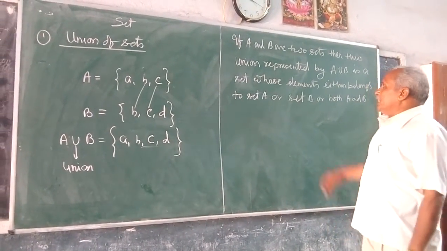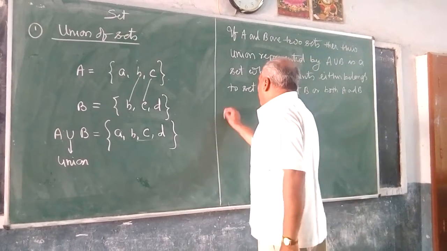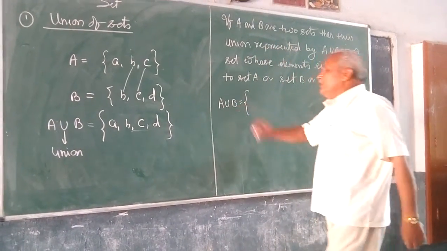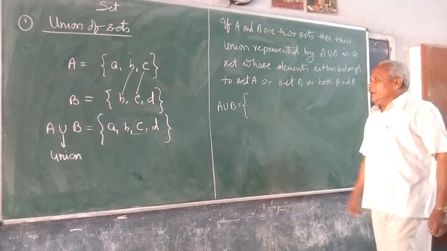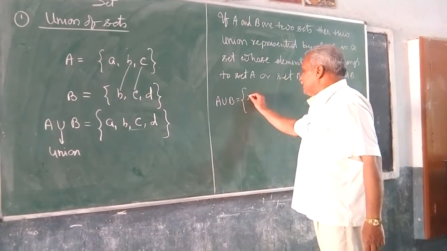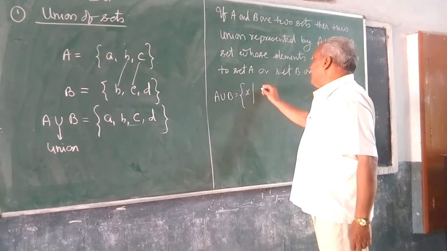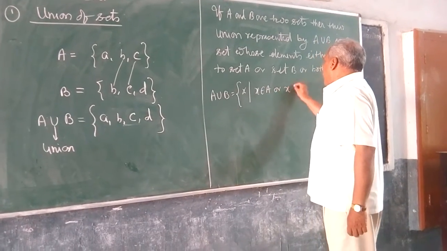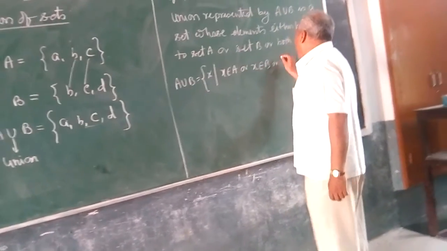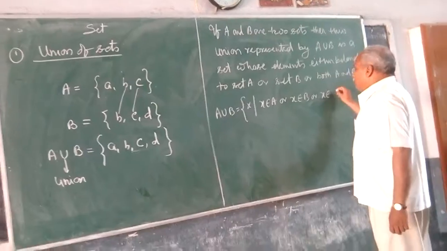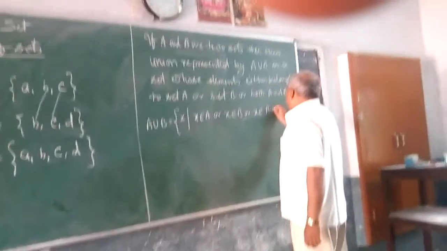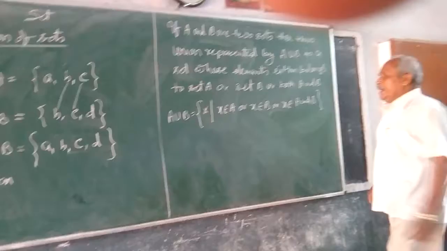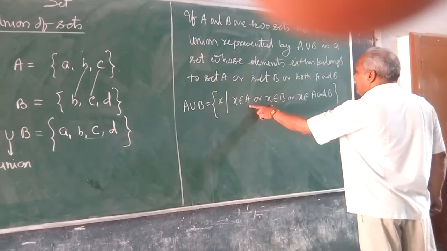If we write it in set builder form, it will be written as A union B is a set whose element is x such that x belongs to A or x belongs to B or x belongs to both A and B. Okay, A or B is sufficient.